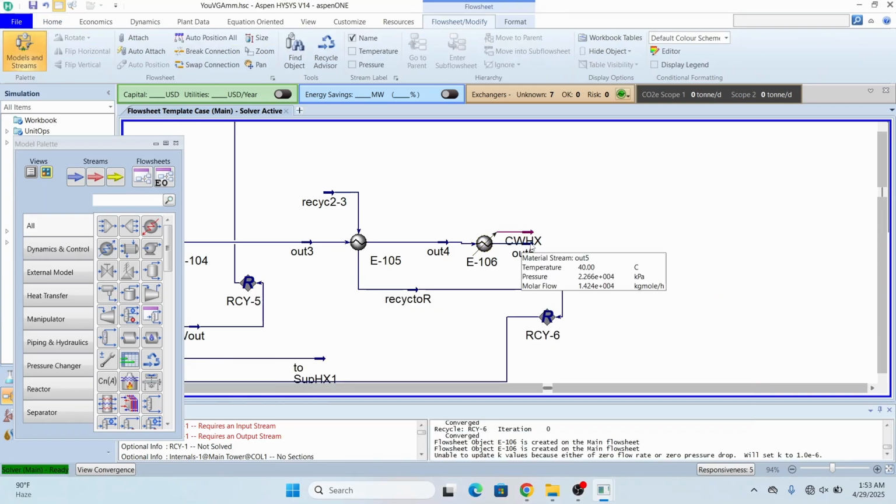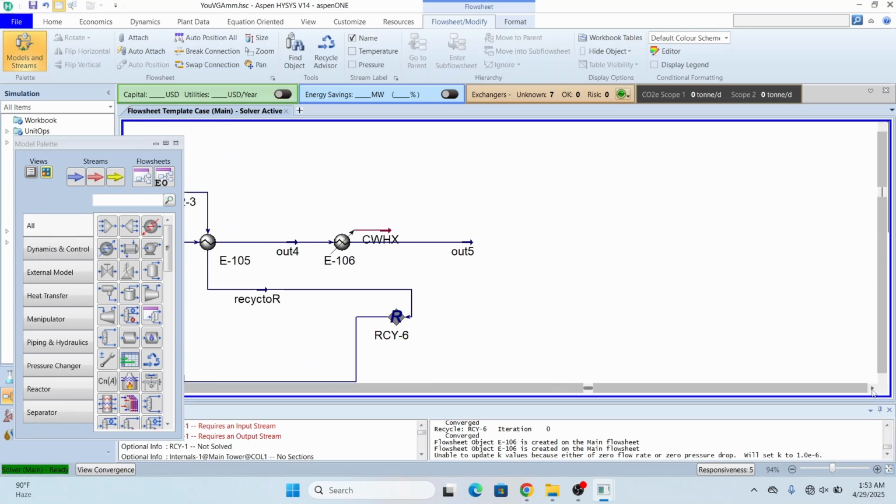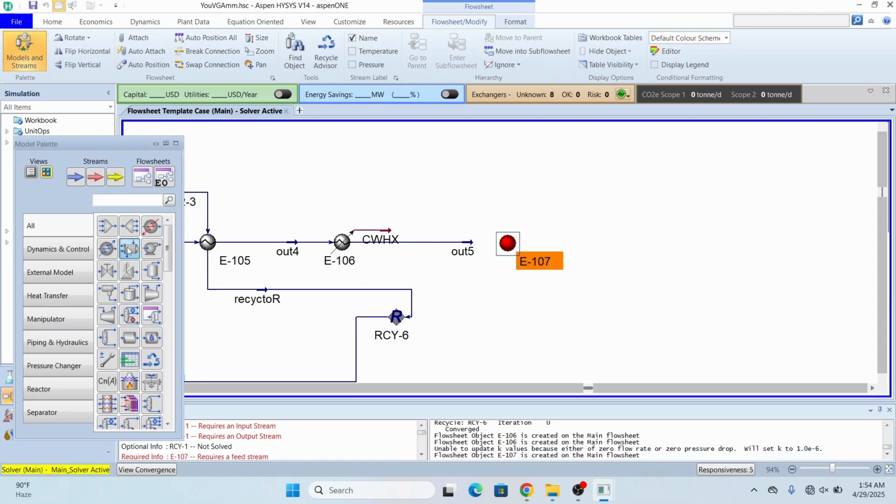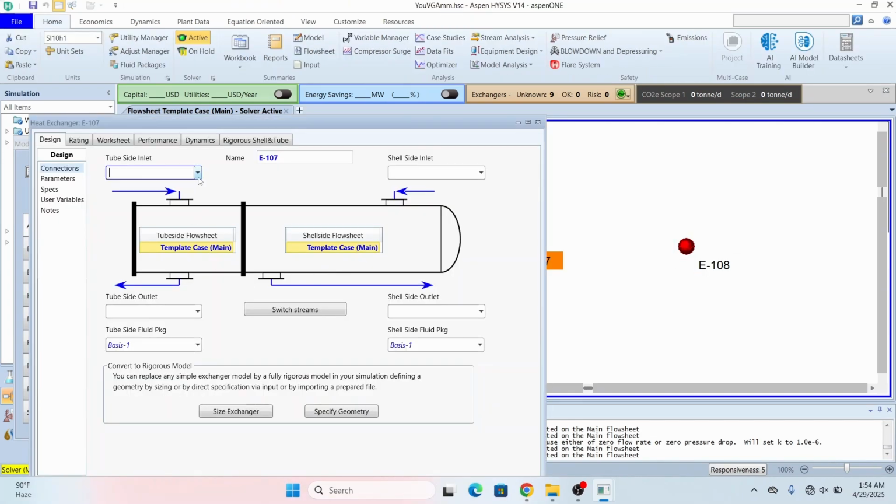So now you can see that the temperature has decreased to 40 degrees, but we have to decrease the temperature to 4 or 3 degrees for the separation of ammonia. The next two heat exchangers that we'll be using are part of our refrigeration loop. So here I will double click on it, and you can write out 5 as the inlet and out 6 as the outlet.